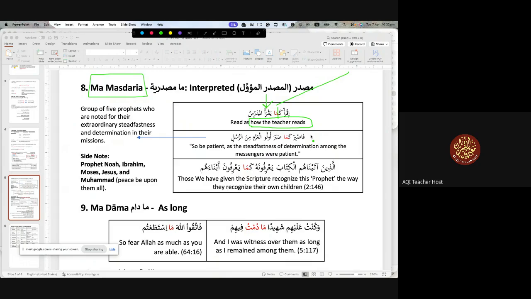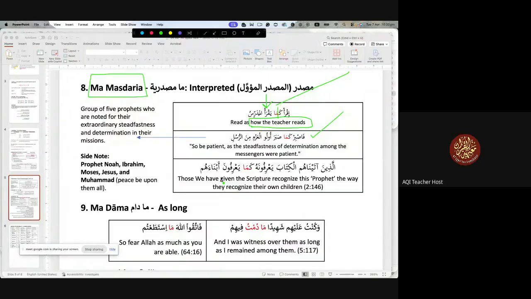Sister Shamila, you come and do this similarly. Yes, Bismillahirrahmanirrahim. Fasbir kama sabara ulul azmi minar rusuli. So, be patient as the steadfastness of determination among the messengers were patient. So here, kama sabara.